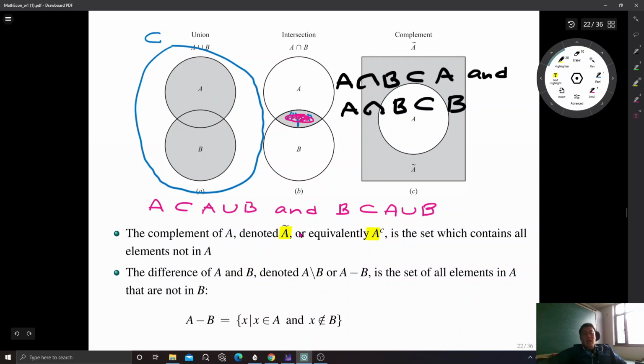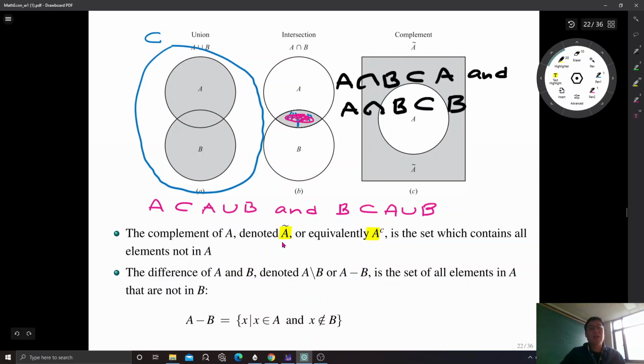The textbook uses a tilde, but in this course, let me use a superscript C to represent the complement of set A, because that is much easier to type. I have to make these lecture slides, but it takes forever. So to save my time, let me use this notation instead. These are exactly equivalent notations.